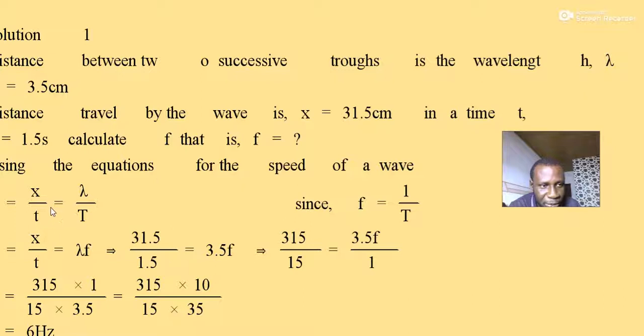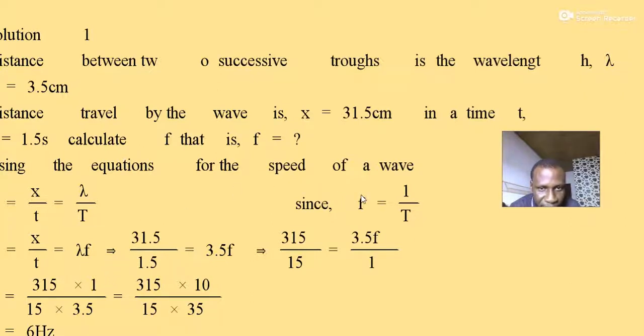So wave speed is v, and that is given as x over t. x over t is the wave speed, and it's a very simple matter to say x over t is also lambda over capital T, the period, and if we put the respective values there, we will arrive at this result.